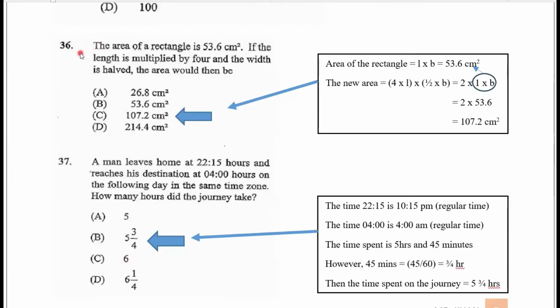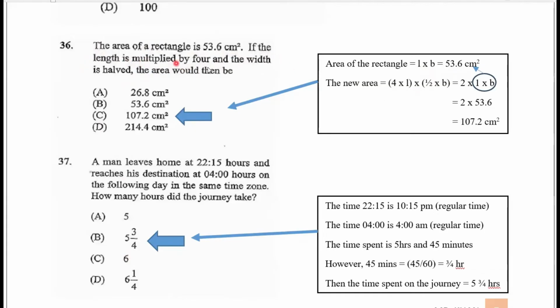36. Very interesting question. Area of a rectangle is 53.6 cm squared. If the length is multiplied by 4 and the width is halved, the area would then be what? Well, we know area of a rectangle is length by breadth, and that's 53.6. And your new area is what?